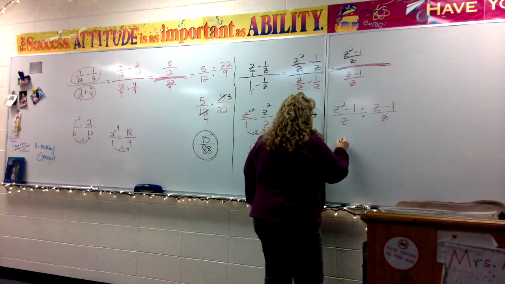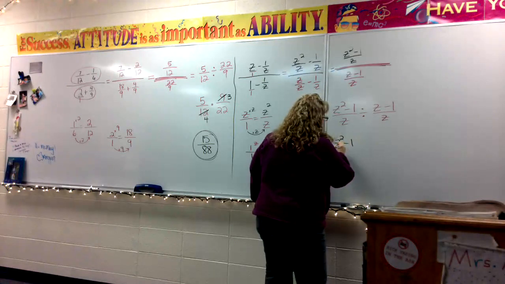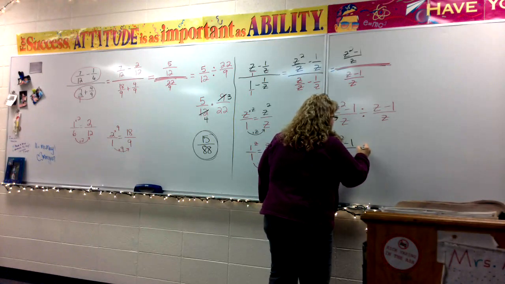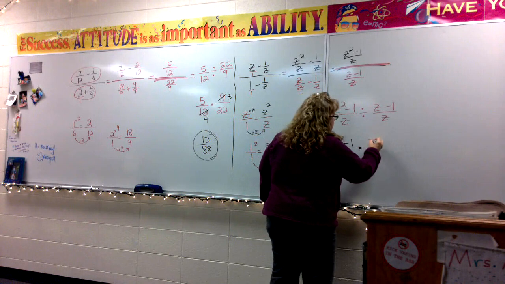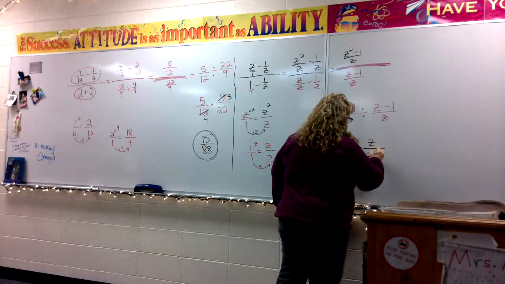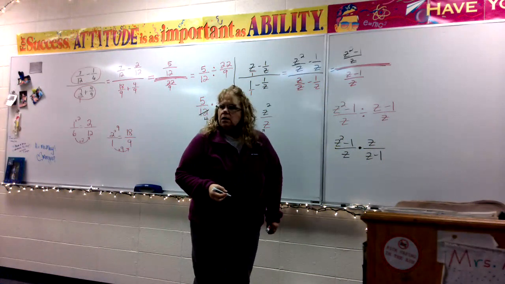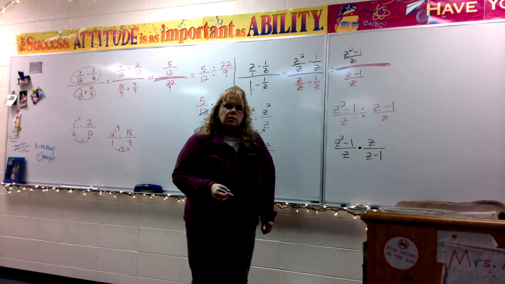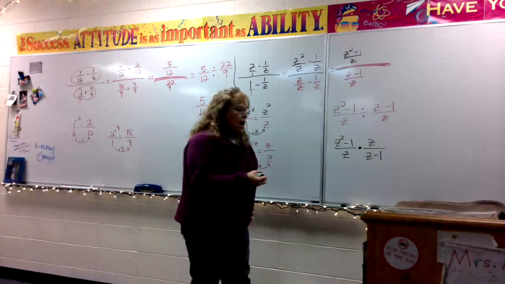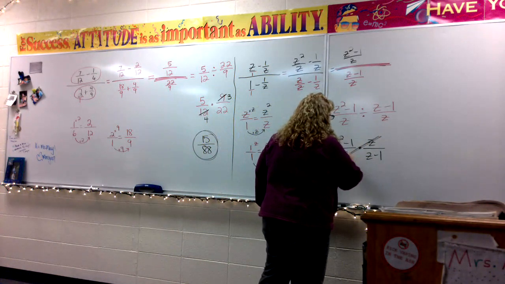Multiply by the reciprocal. So z squared minus 1 over z times, flip that, now what? Cancel? I can cross cancel, she says. Those for sure.